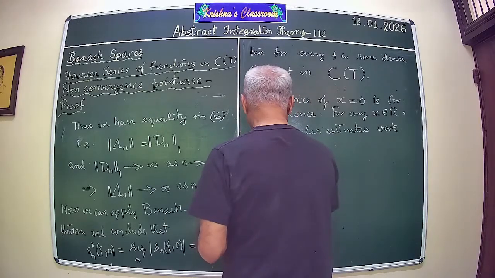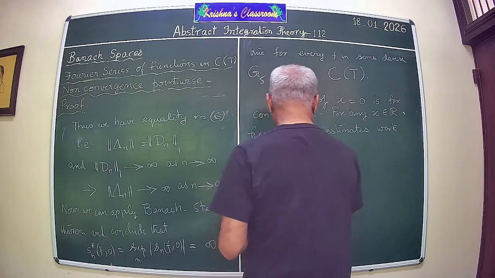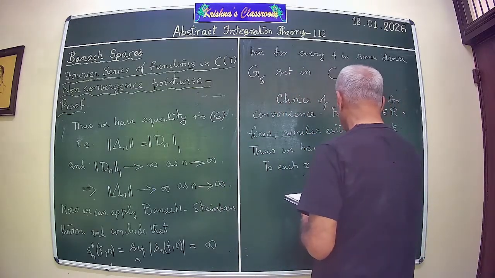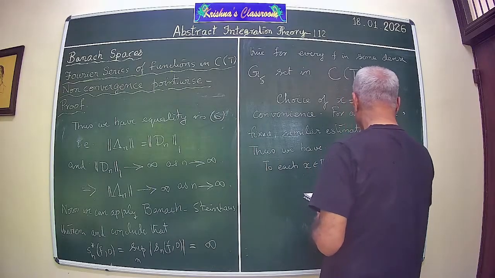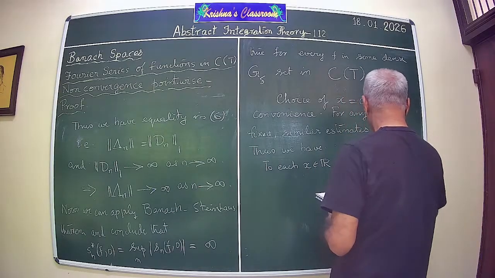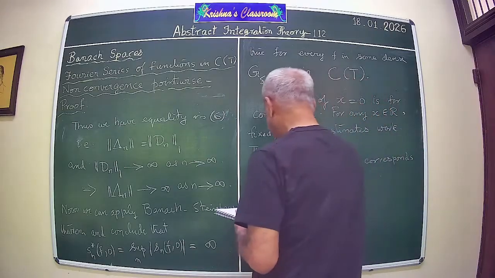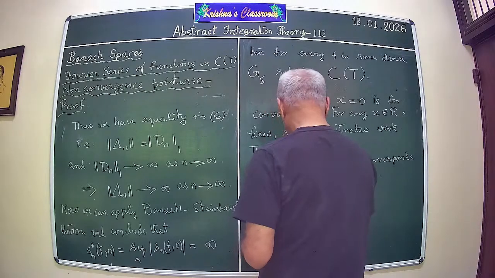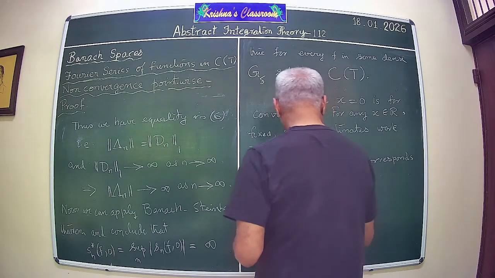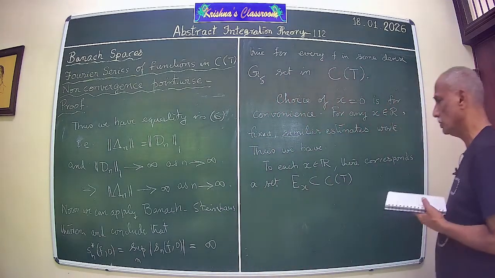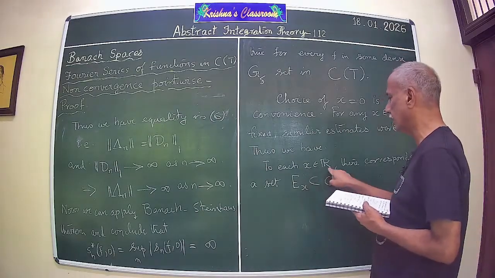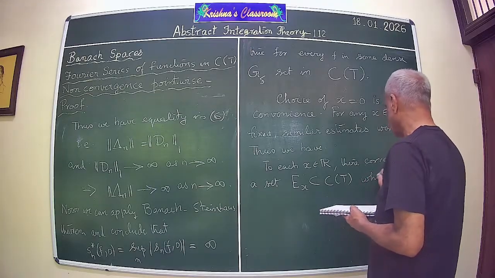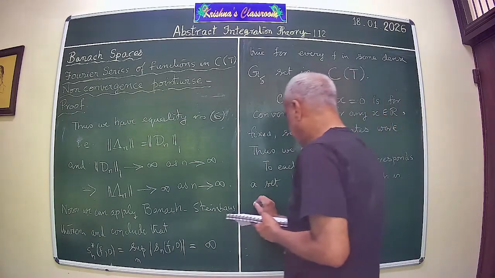To each x belonging to R, there corresponds a set, that means a collection of functions which you denote by E_x to designate the fixed x that you choose, which is a dense G delta in C_T.